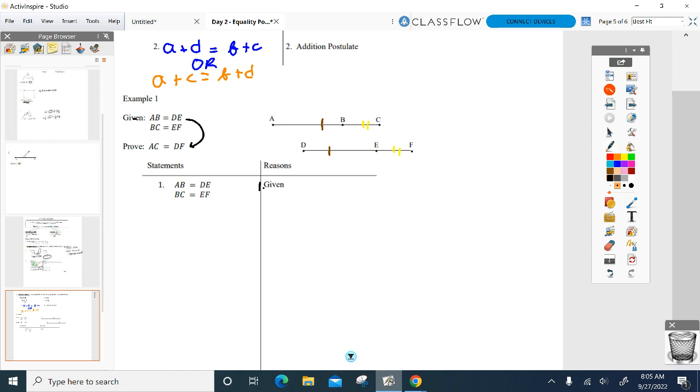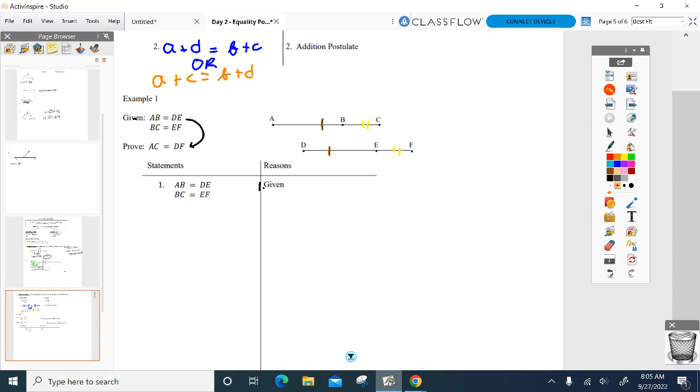I got to add them together. Does everyone see? I'm going to add these two, I get AC. I'm going to add these two, I get DF. Whoa! Before I add, though, I'm going to ask this question every time. Before you can add, do I have 2 pairs of equals I can add? Are they already equal? Do I have 2 pairs of line segments I can add that I already know are equal? Yes, I gave it to you in the givens.